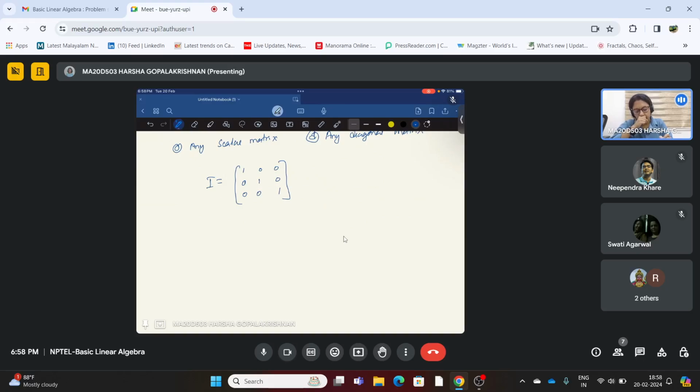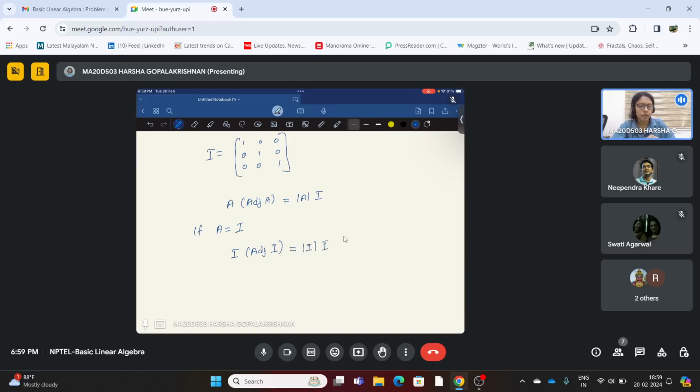Instead of finding it directly, we can use a result we already know: A into adjoint of A equals determinant of A into I for any matrix. Now if A equals identity, we get identity into adjoint of identity equals determinant of identity into I. The determinant of identity is 1, so this is equal to I. So what we are getting is adjoint of I equals I.